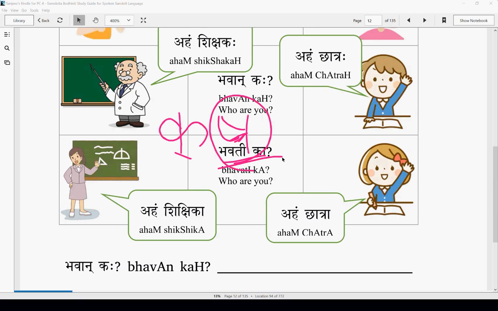No, this is not palate. This is cerebral, retroflex. That one is the retroflex. Thank you. So it's shikshakaha. Yes, gotcha. Perfect. Thank you.